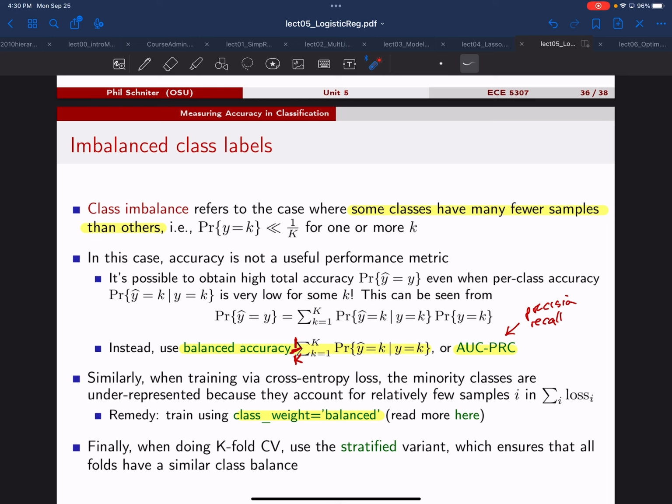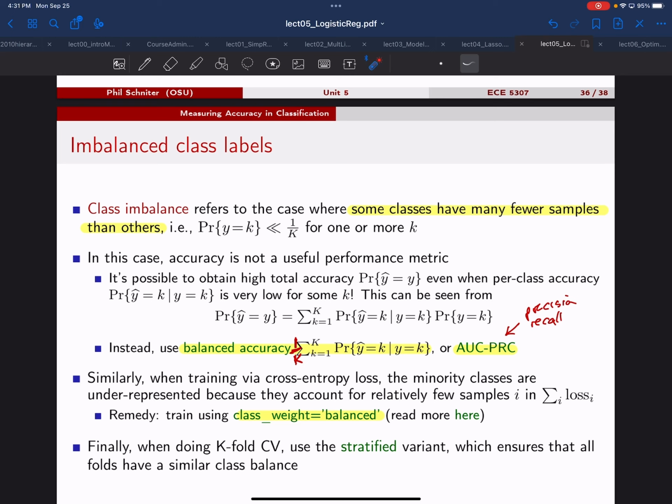Ideally, all the folds in cross-validation would have that 10-90 split. But that may not be happening in reality because the folds are randomly generated. So you could have some folds with a lot more minority samples, and other folds with no minority samples. And so when you do k-fold, the results are going to be more random than you'd like, because of this inconsistency due to the particular shuffle.